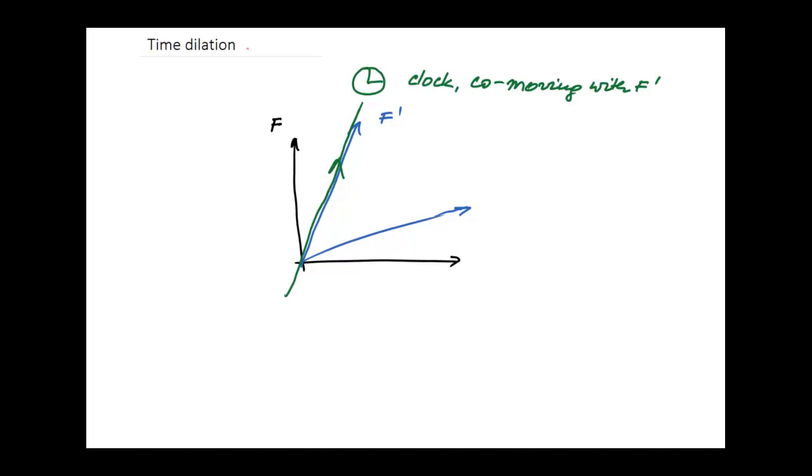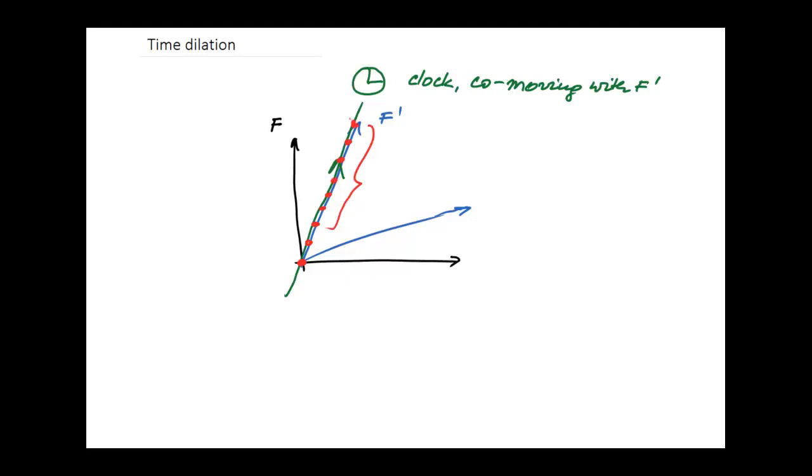So let's say the clock ticks. It's a mechanical clock. It makes tick, tick, tick, tick, tick. And let me denote by these red dots, each red dot is a tick of the clock.